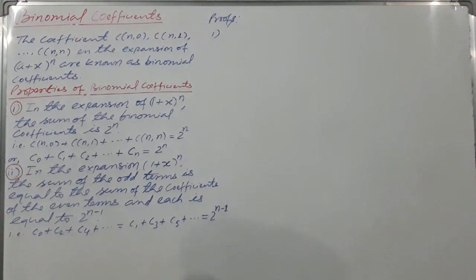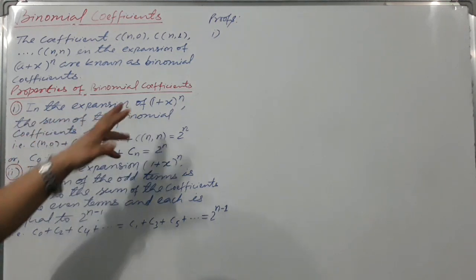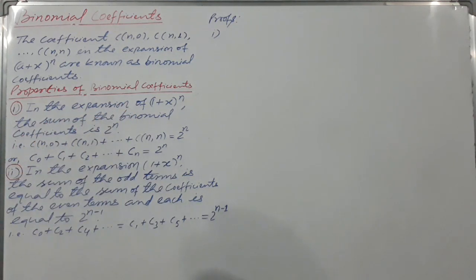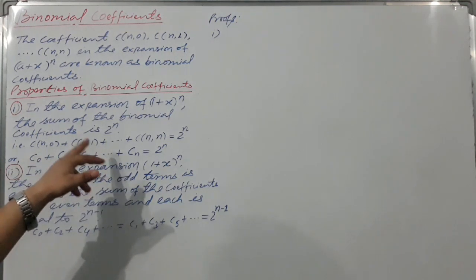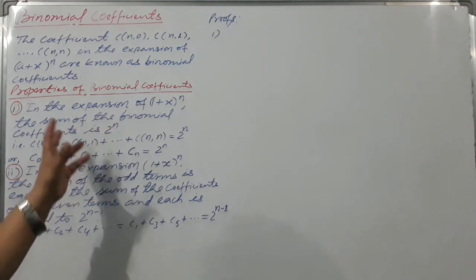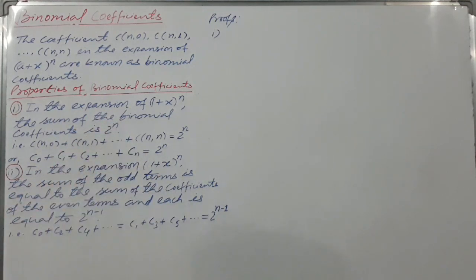C0 means nC0, C1 means nC1. It's understood that in the expansion of (1 + x) raised to power n, these are the coefficients. So the sum of the binomial coefficients is 2 raised to power n.